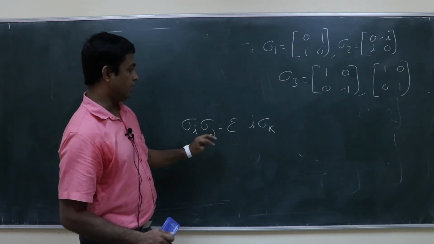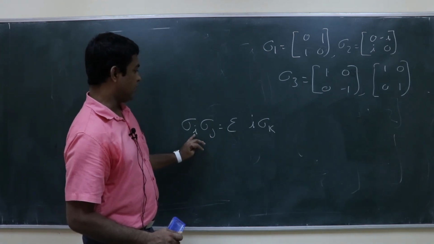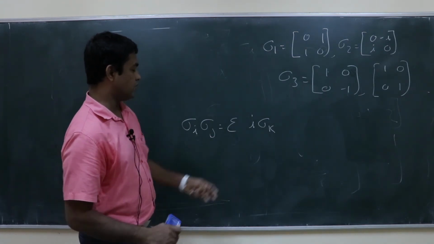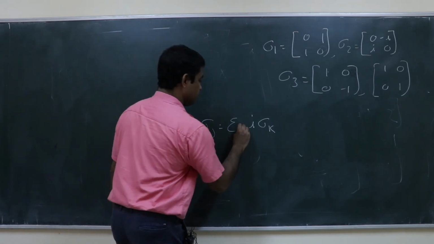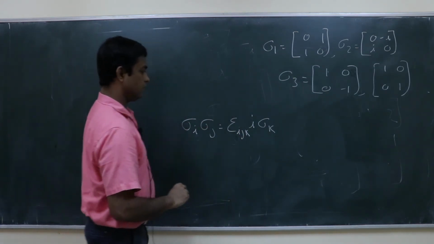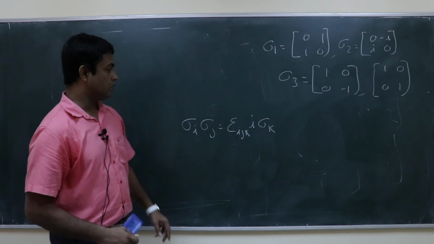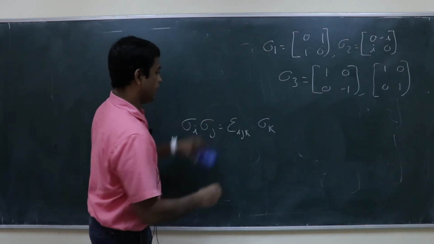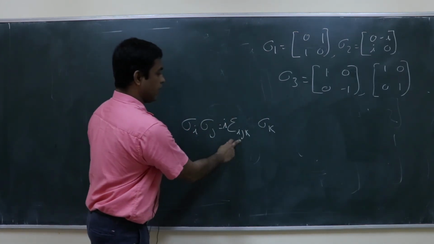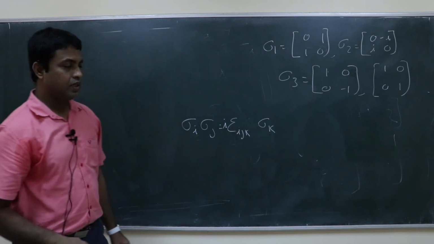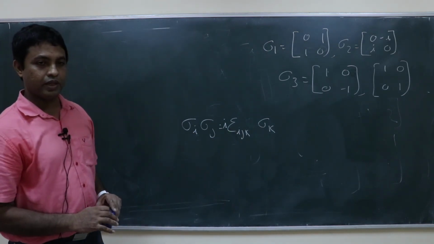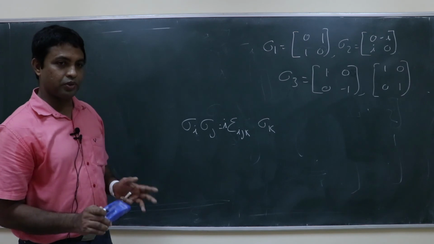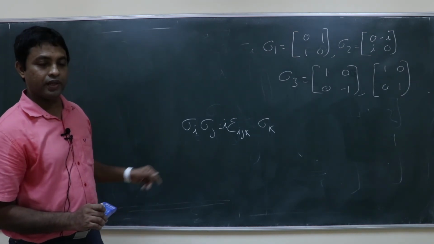Okay. So when I write sigma i sigma j, obviously epsilon ijk, so k is summed over. So you get i epsilon ijk sigma k. But is this correct? Again my question. Up to a certain level it is correct, but not completely correct.